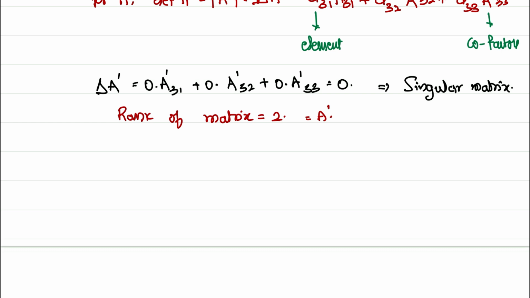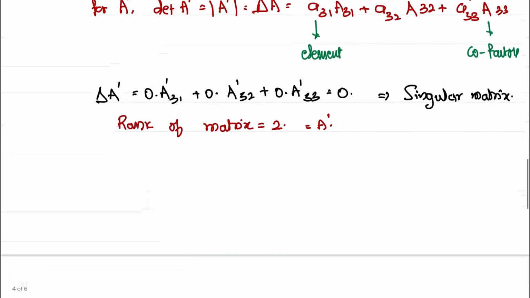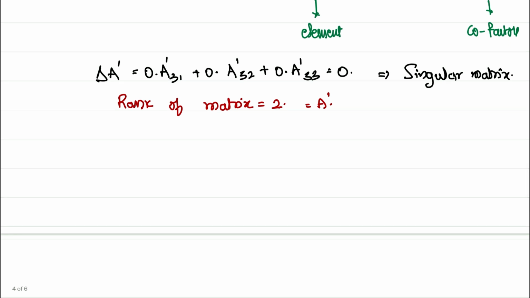Now, let us say A11 x1 plus A12 x2 plus A13 x3. This is the form of the simultaneous equation, is equal to some value b.